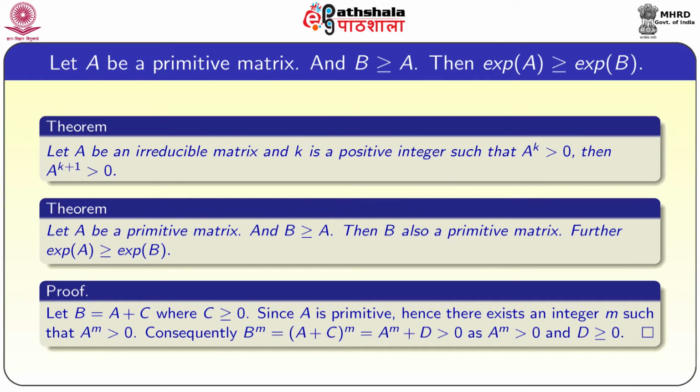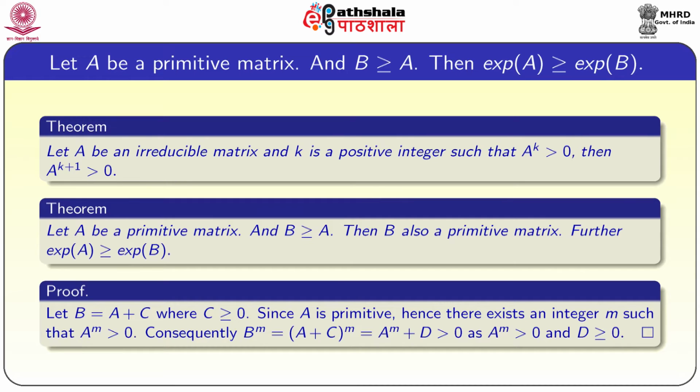The proof: since B is greater than or equal to A, B can be expressed as A plus C, where C is greater than or equal to 0. Since A is primitive, there exists an integer m such that A power m is greater than 0. Consequently, B power m is equal to A plus C whole power m, which is equal to A power m plus D, by binomial expansion.